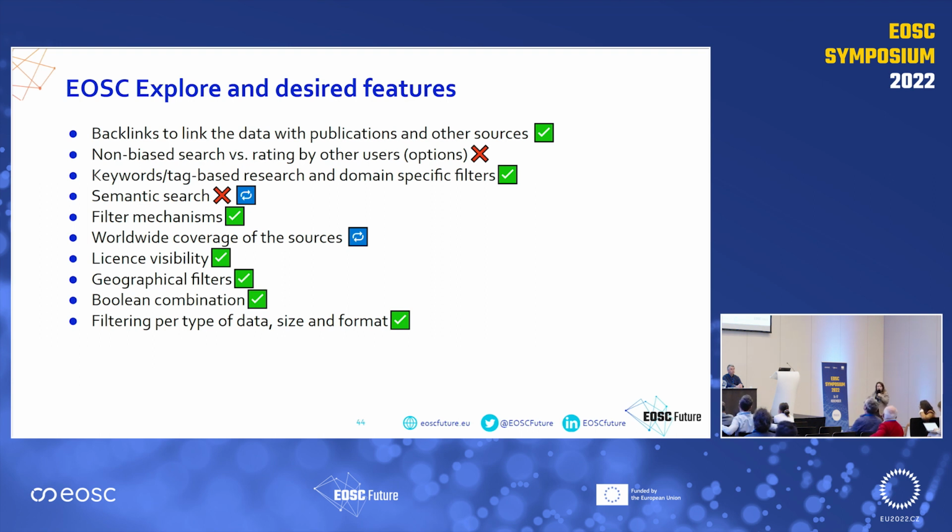So this is not really something that we can do on the backstage. The license visibility is present, but again, it depends on the metadata that are provided in the research knowledge graph. Same as the geographical filters, it depends on the metadata.